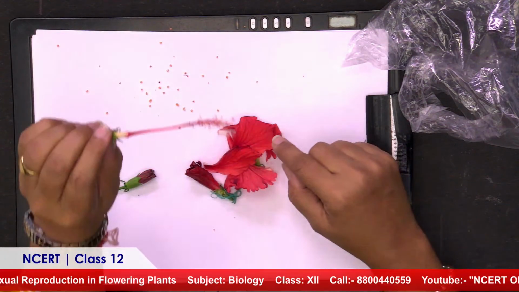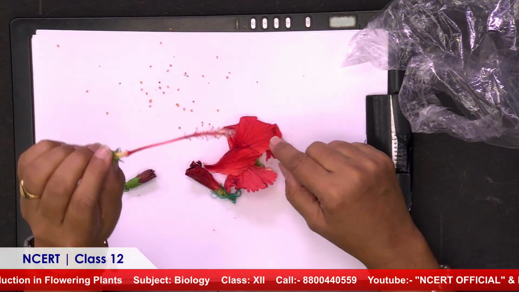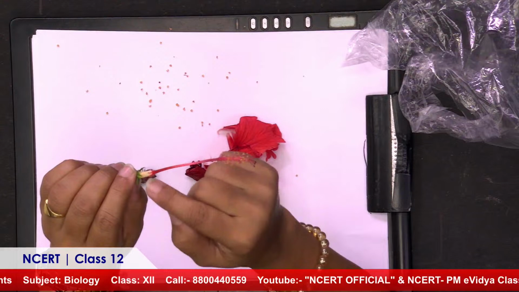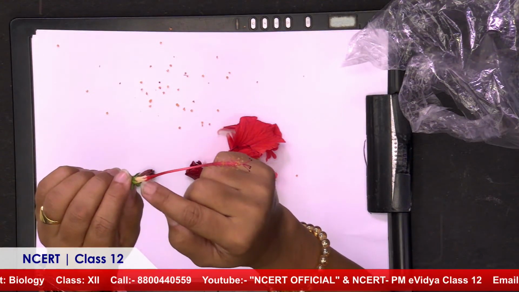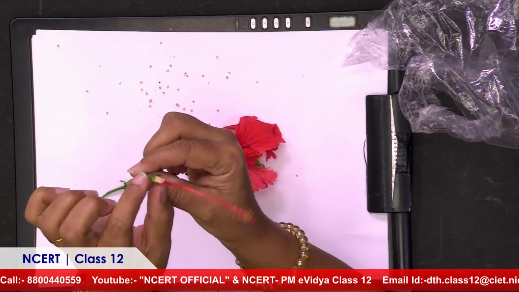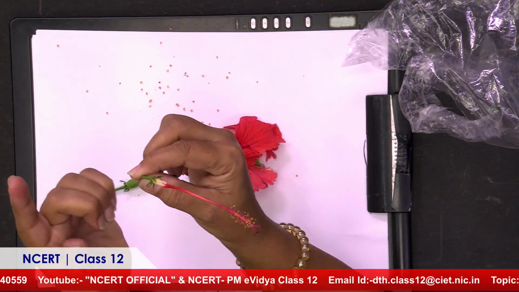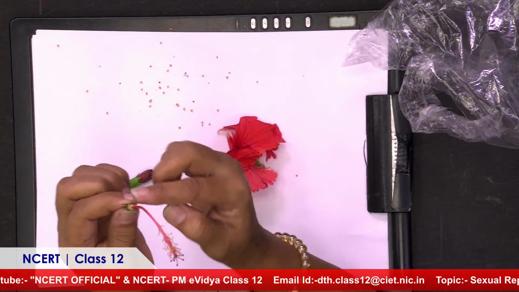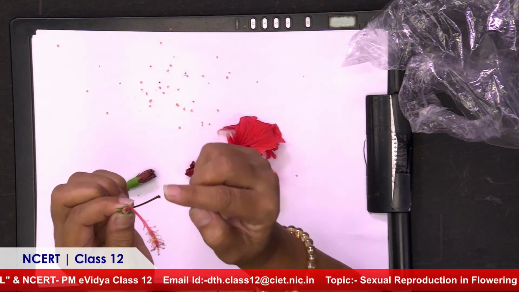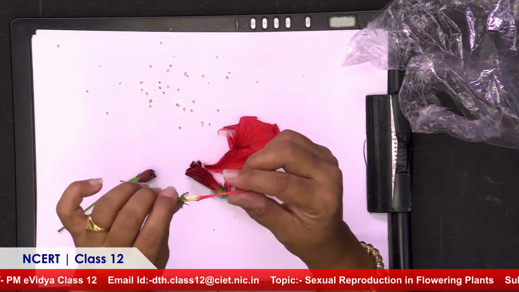So when fertilization is done after the pollination, that particular ovule which gets fertilized forms the seed. Means ovule forms the seed. And what about the ovary? Ovary forms the fruit.